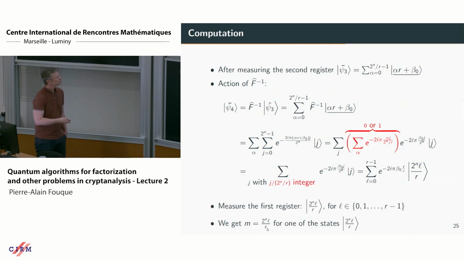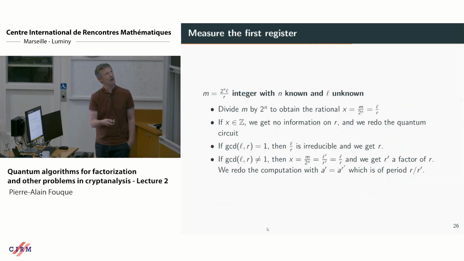So we measure the first register and we get an integer, for instance called m, which will be one of all of these values. Now I will explain how we can finish, it's not too complicated.